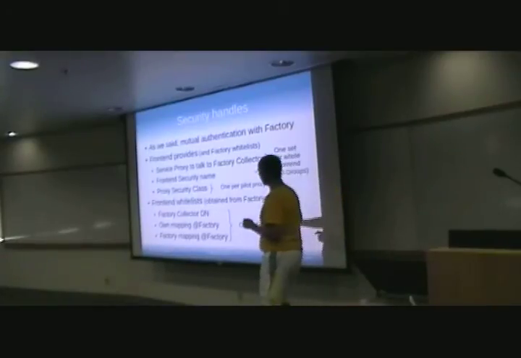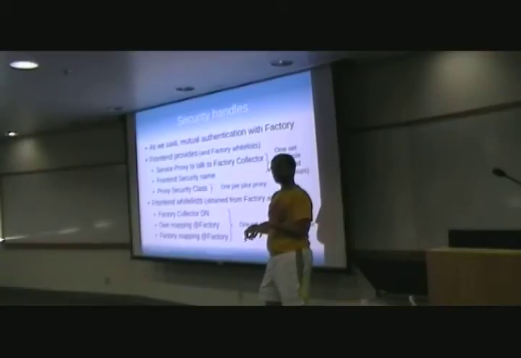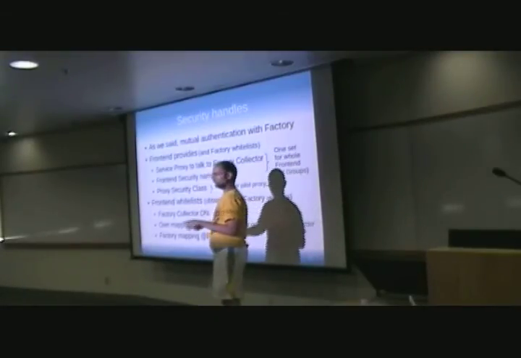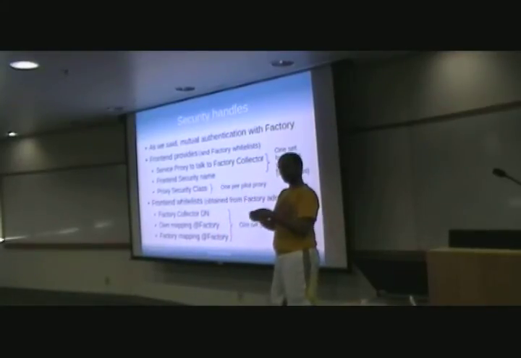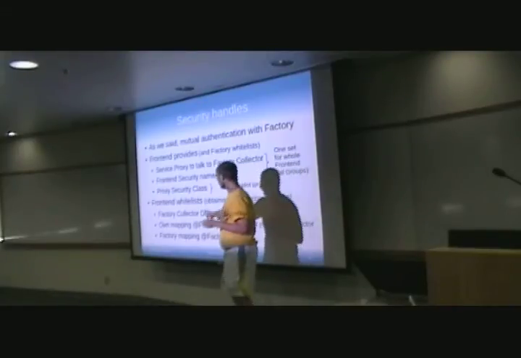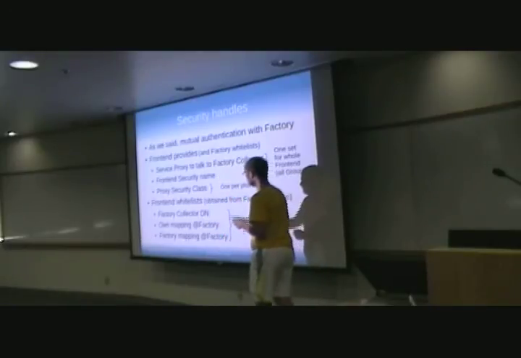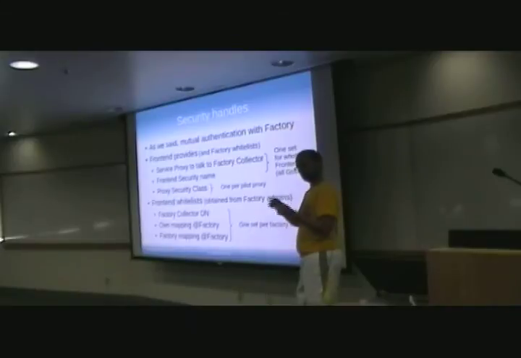And the factory will provide you some information that you need to whitelist in your own configuration so that you actually trust the factory. And this is the collector at the end. Because it's mutual authentication between the client and the collector, the client actually needs to trust the collector before making a handshake. So you need to know what the collector at the end is. Then there is your own mapping at the factory, which is needed for the security handshake, which I didn't explain in detail.